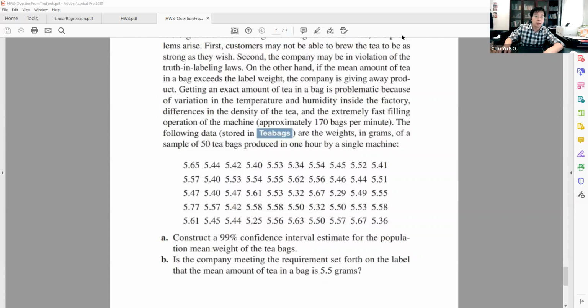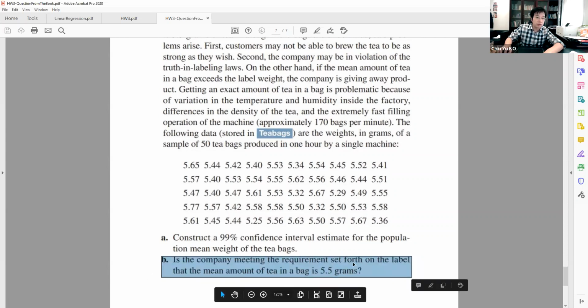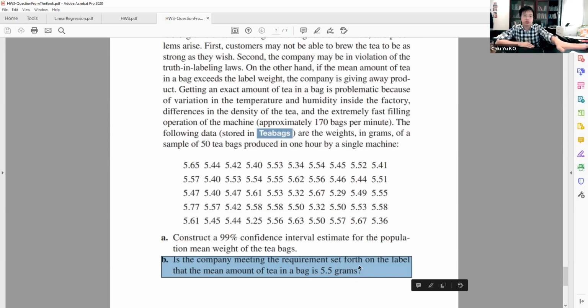I guess you can; if not, let me know. The question asked is what is the meaning of the requirement. The requirement means whether the mean amount is 5.5. That is what it means, so it's asking this question.